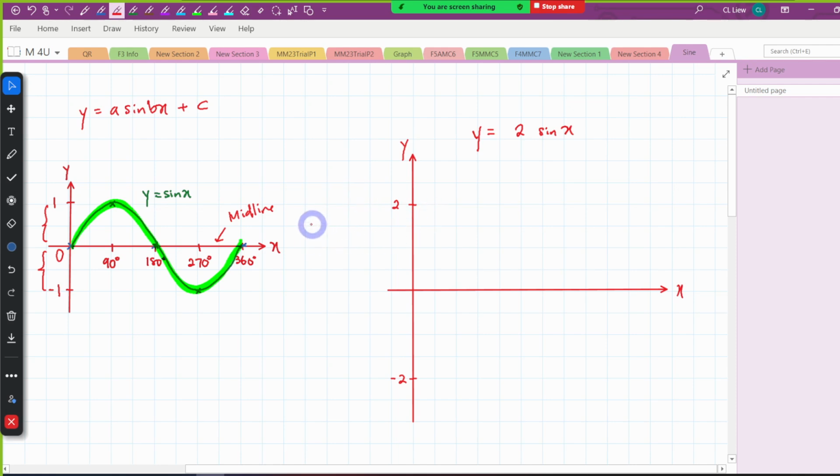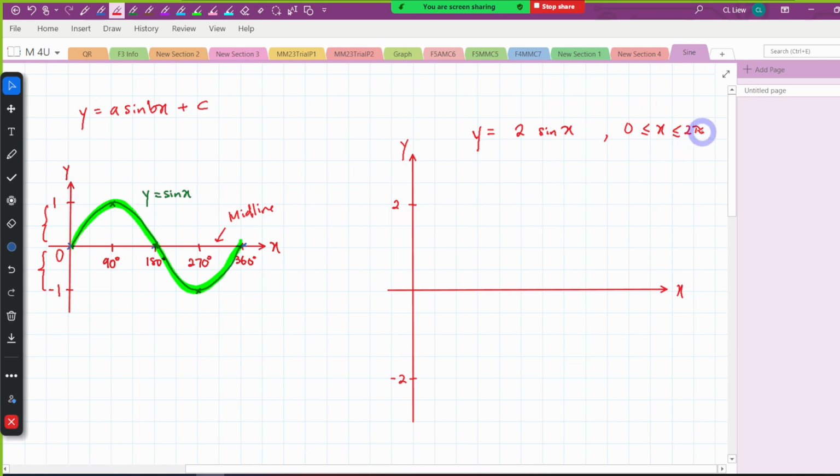Okay, so it's actually very easy. First, I forgot to label the x-axis. Same thing, I want you to draw the graph from 0 degree. This time let's use radian. Let's say I want you to sketch a graph from 0 radian to 2 pi radian.